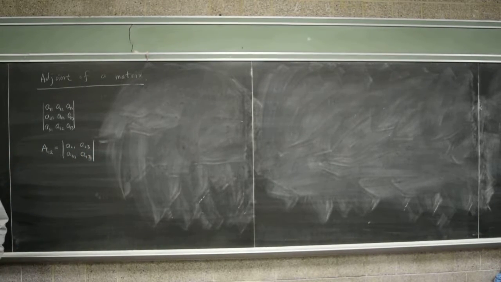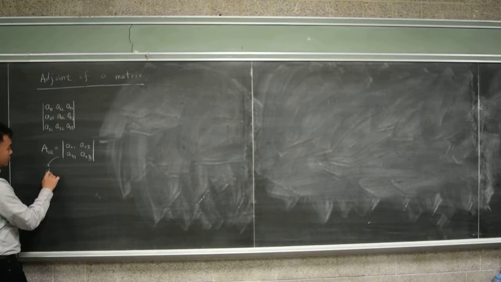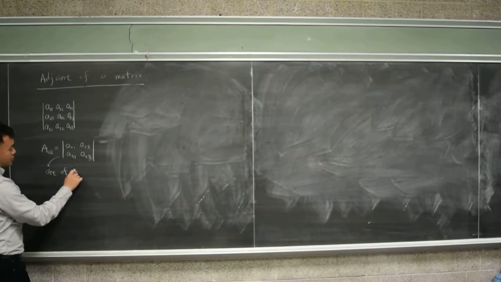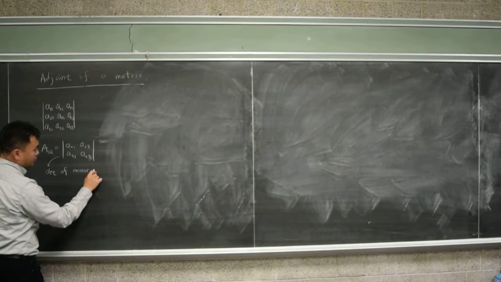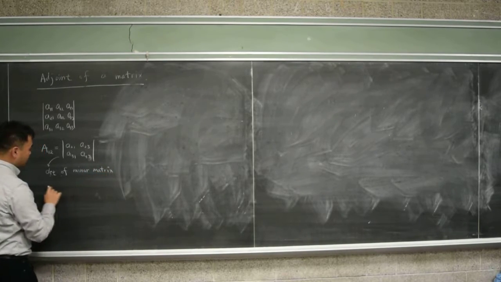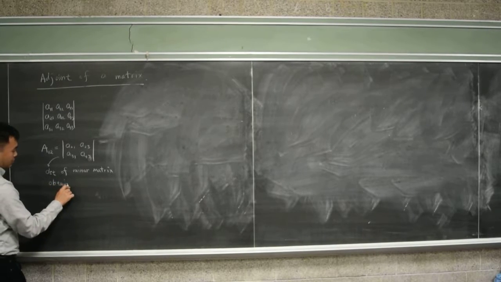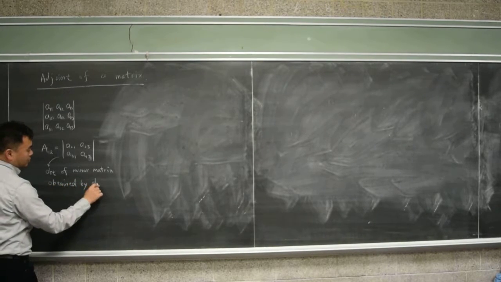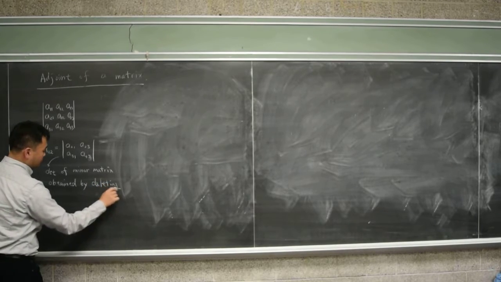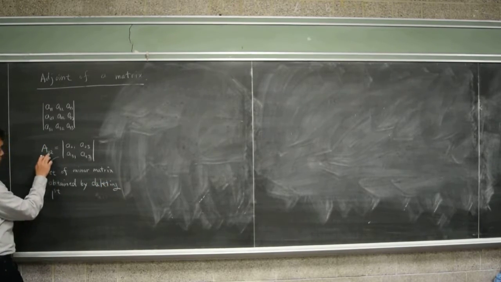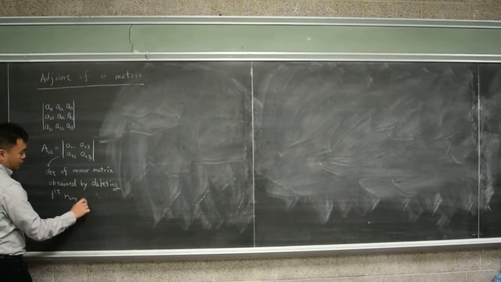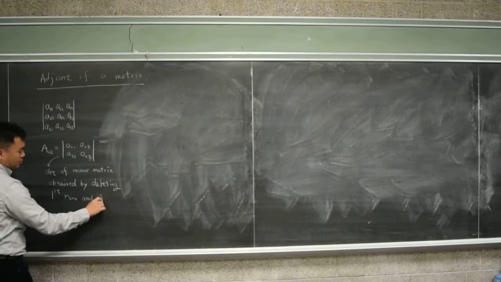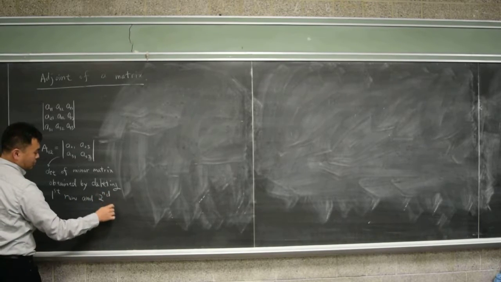So that's what this is called. It's the determinant of the minor matrix obtained by deleting the small a1,2, so this is the determinant of the minor matrix obtained by deleting the first row and second column.